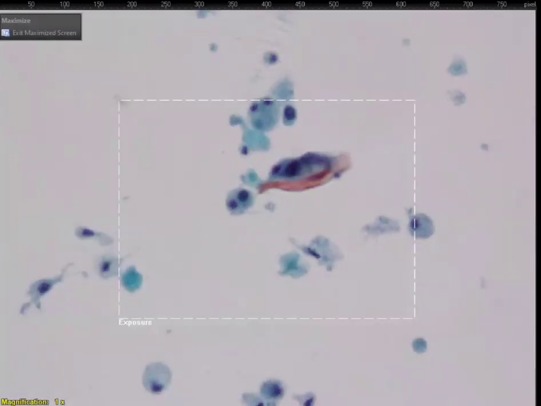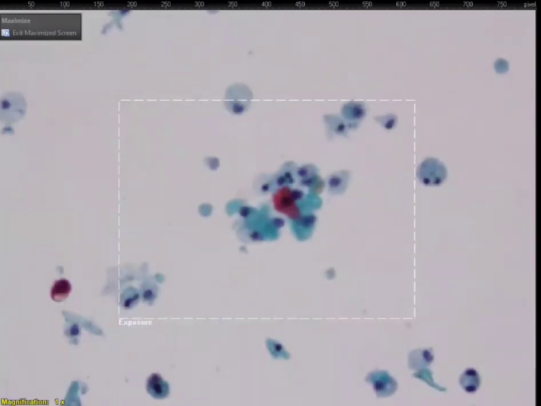What was that? I heard a whisper. Macrophages. Keratinized cells. Yeah, there are maybe some. Is that a macrophage?